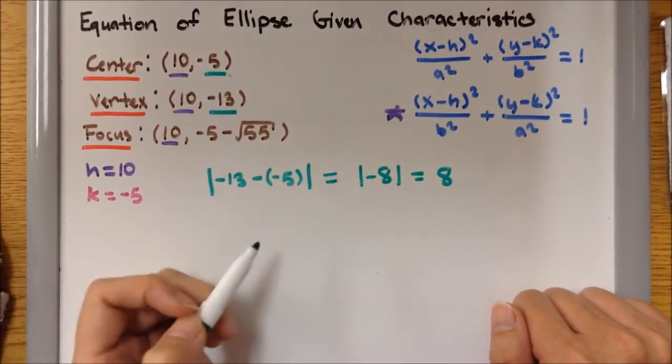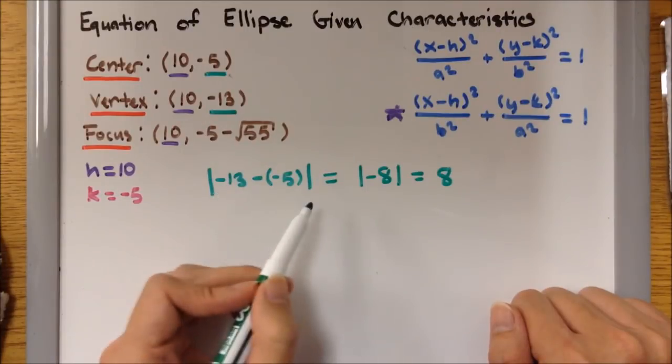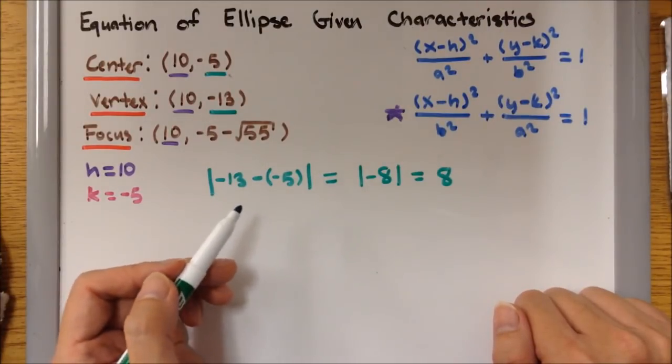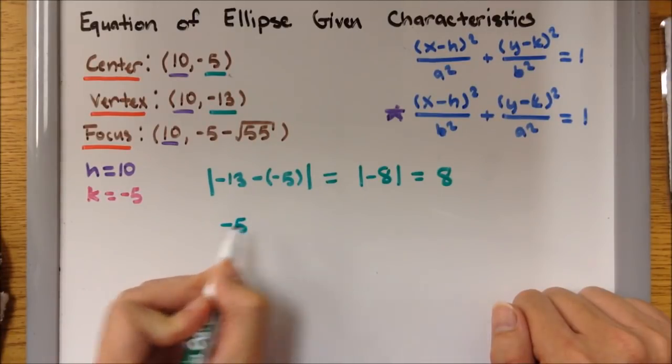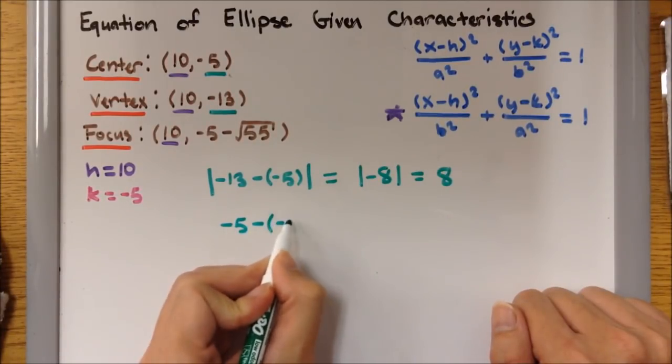Now the question is, does it matter if we start off with -13? My answer would be no. It would be the same if we start off with -5 minus -13.